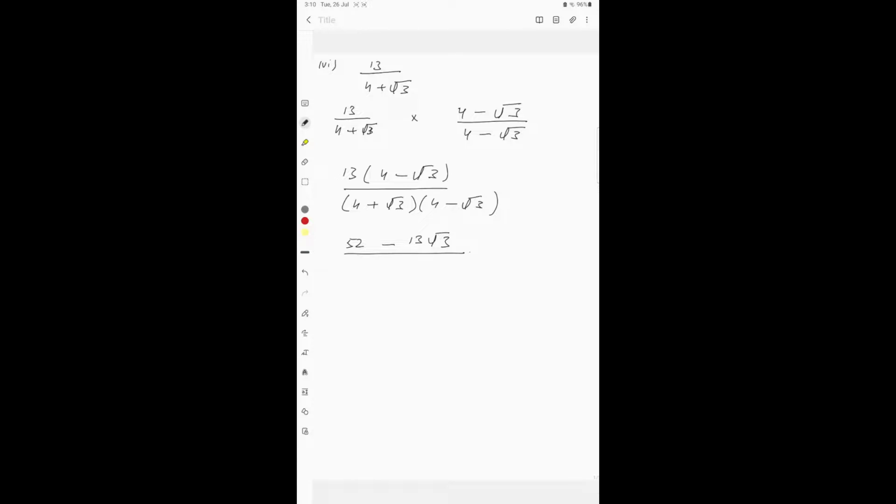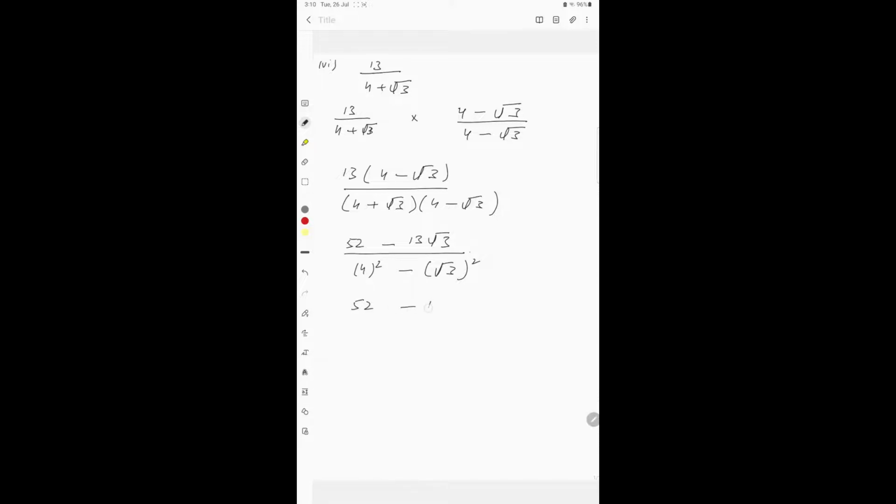In the denominator, you can apply the formula for a plus b into a minus b, which is a square minus b square. So instead of going to long multiplication, I am applying the formula and writing it as 4 square minus under root 3 square.